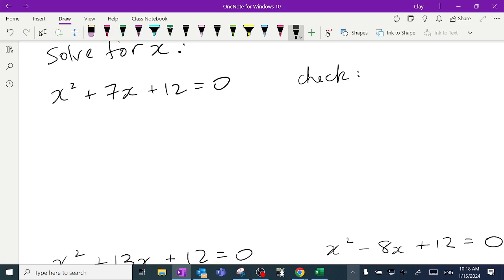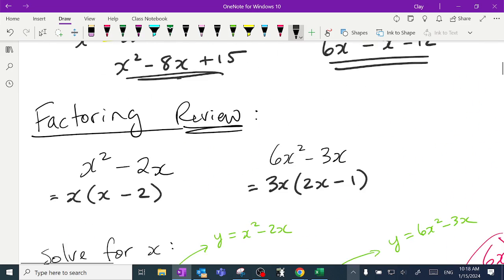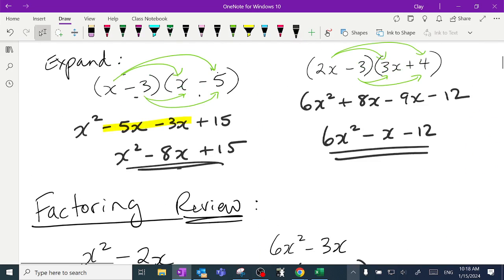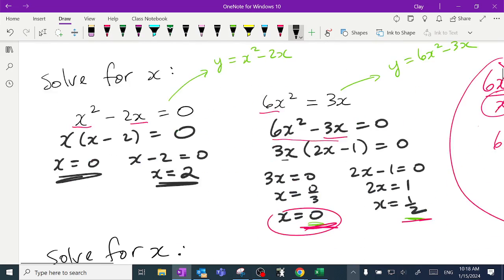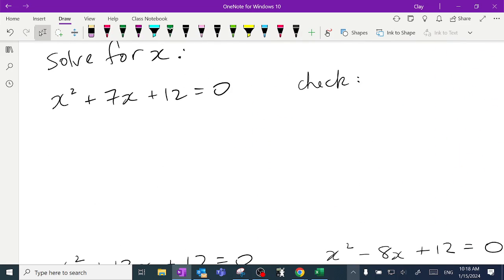In fact, now I have to do the opposite of what we did back here. The opposite of that expanding. You're going to say to yourself, self, what two binomials multiplied to make this trinomial? Now you know that x times x is what gives you x squared. That's pretty much a guarantee.